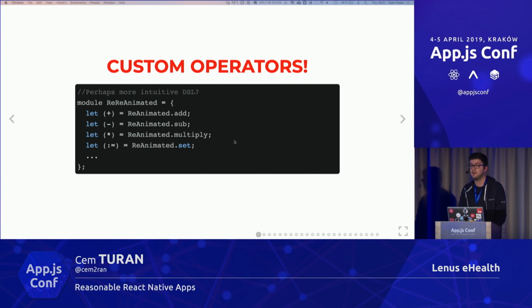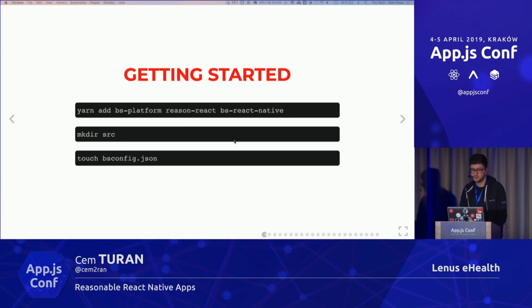That's basically because you don't have any operators, which you would be used to normally. So one thing you could do is, in ReasonML, specify some of these operations as operators, which might be much more familiar to you. So you could have a plus, minus, multiply, and also a way of setting, etc.